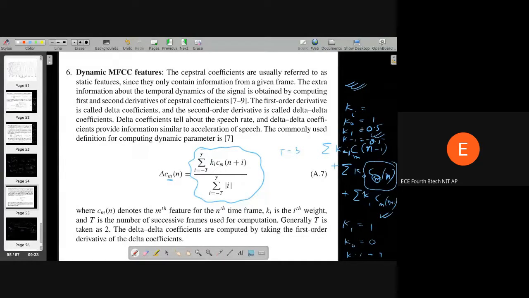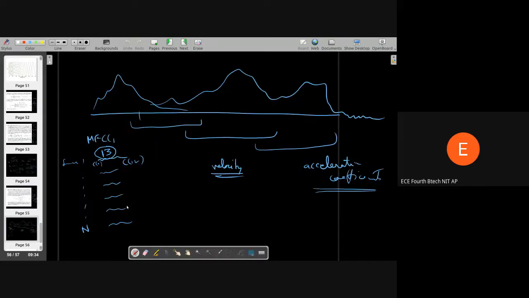So why is it called velocity? Because velocity is the rate of change. If you have a distance, how your distance is changing over time, that is velocity. In the same manner, we have this velocity coefficient.